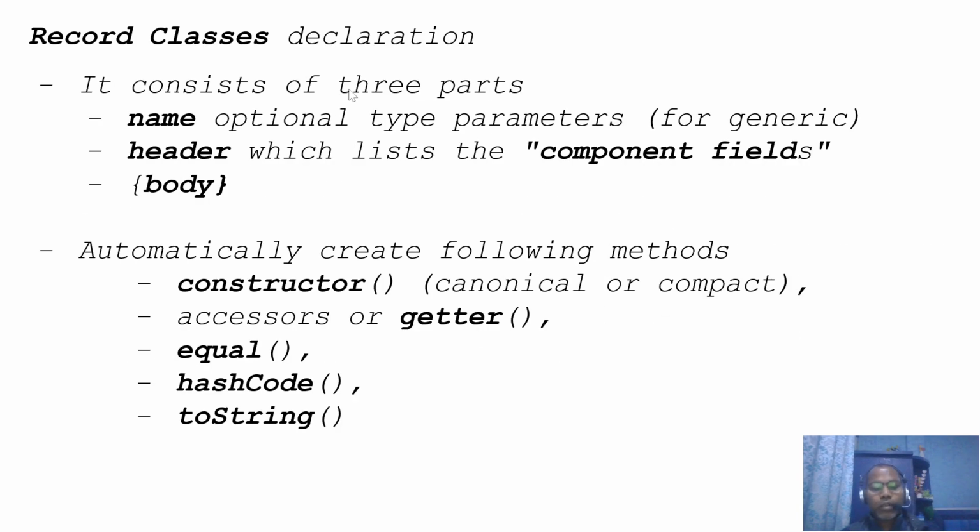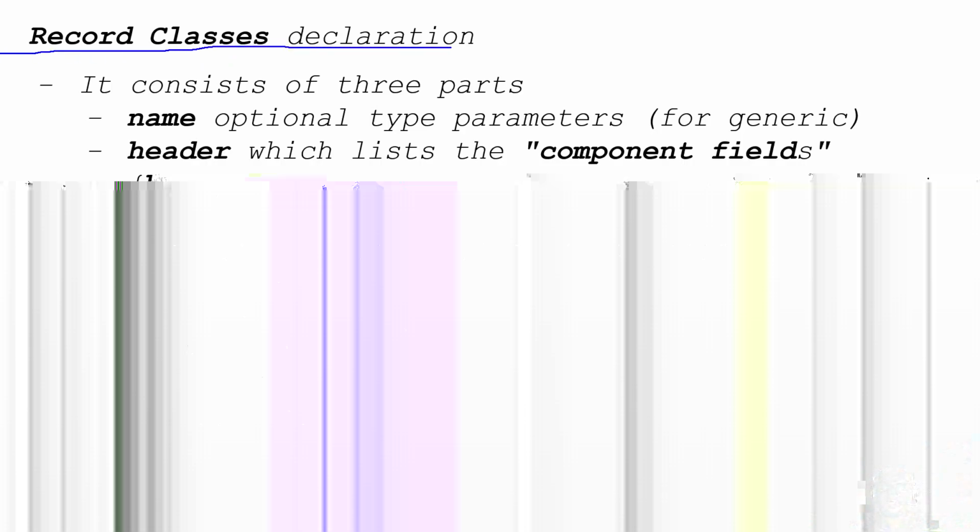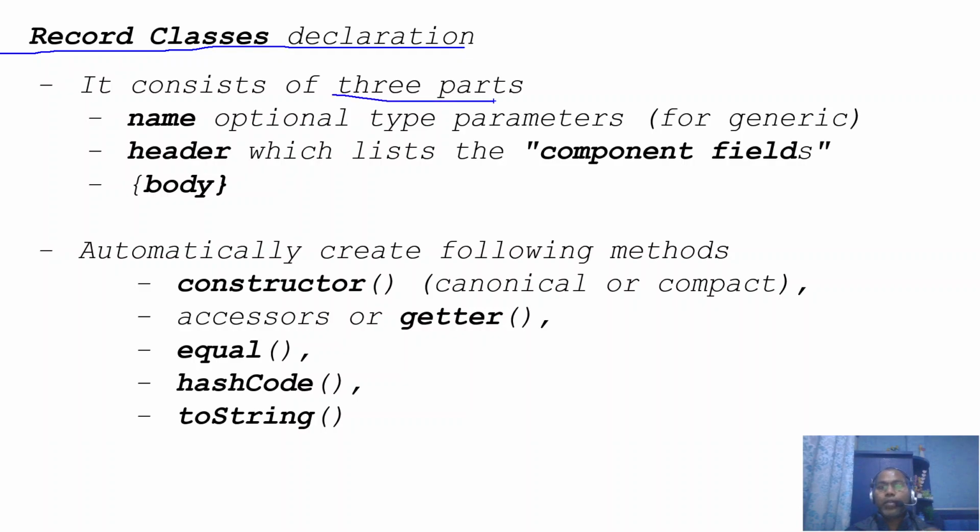So what is the syntax, how can we declare one? A record class declaration has three basic parts: first the record class name, then the header, and then the body. The header means the list of fields which you want your record class to hold. The syntax is very simple.